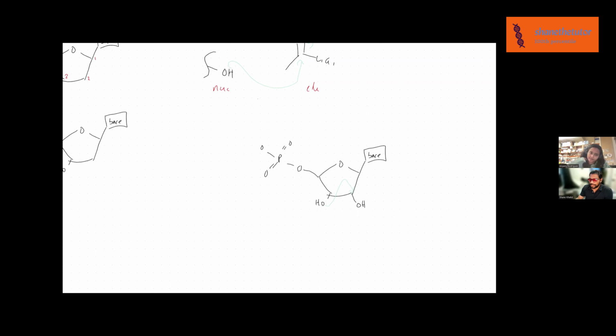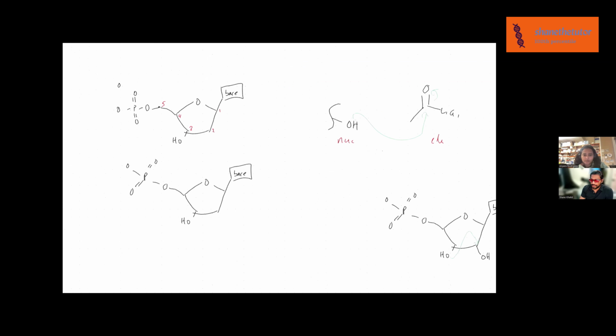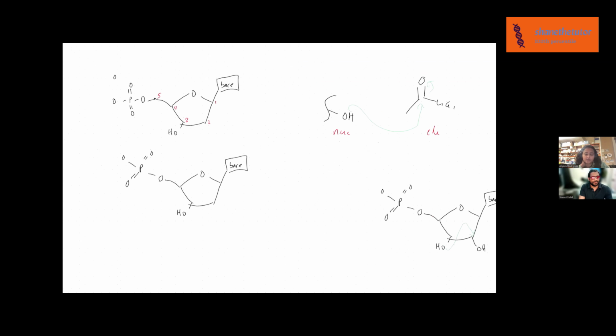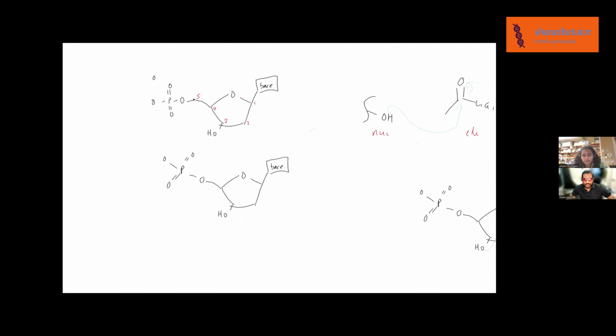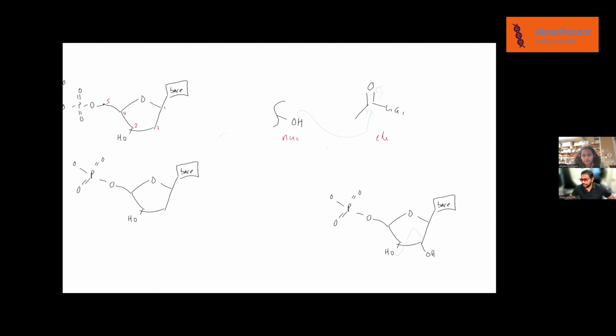Okay, if we go back here, we can see what happens in polymerization. Just like the carbonyl group is an electrophile with a partial positive and partial negative, phosphate is similar.